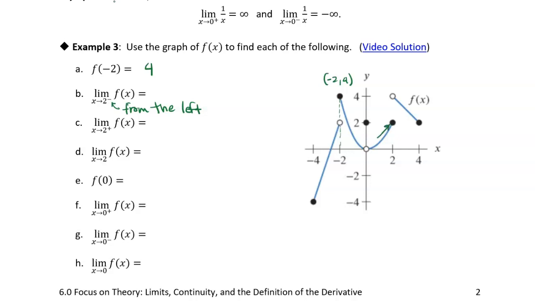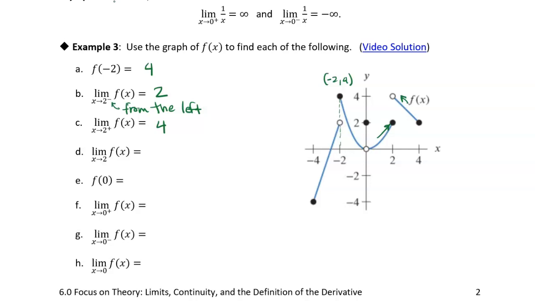What does the value of the function approach as we approach 2 from the left? It looks like it's approaching the value 2. Now, if we approach 2 from the right, if I look at the value of the function to the right of 2, and I get closer and closer to 2 without actually going there, then it looks like the value of the function is 4.